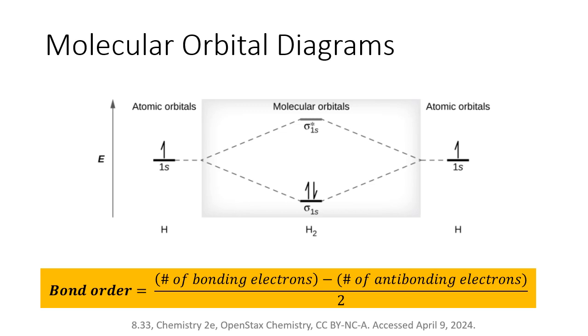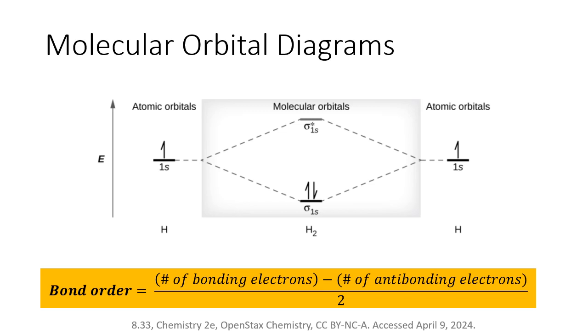We will fill the molecular orbitals using the Aufbau principle. So we go from low to high. We put one spin up and one spin down because of the Pauli exclusion principle. So we have the bonding orbital filled. Now, there is a concept that helps us decide whether or not bonding will happen, called bond order.